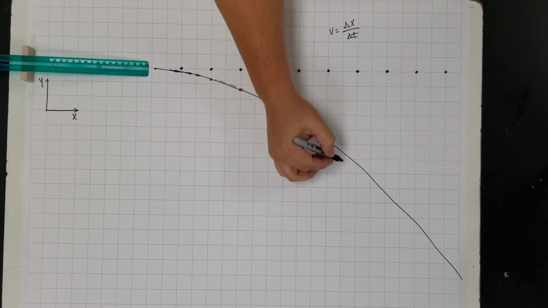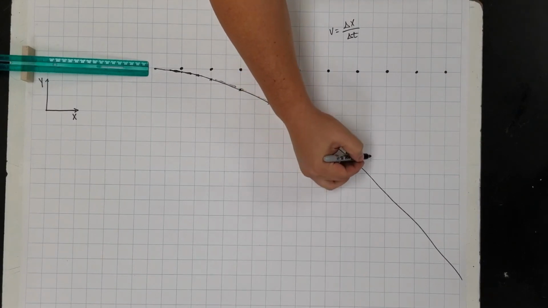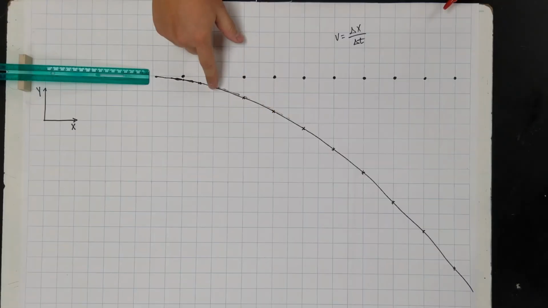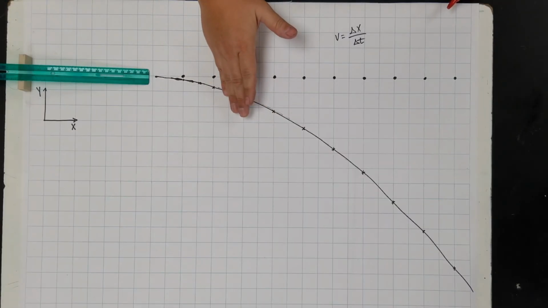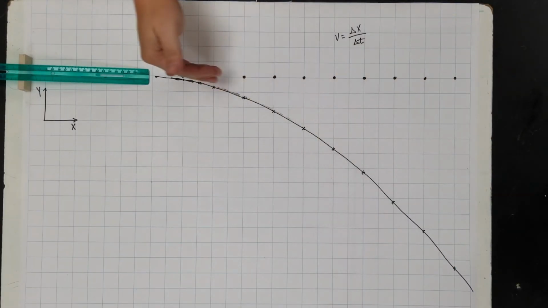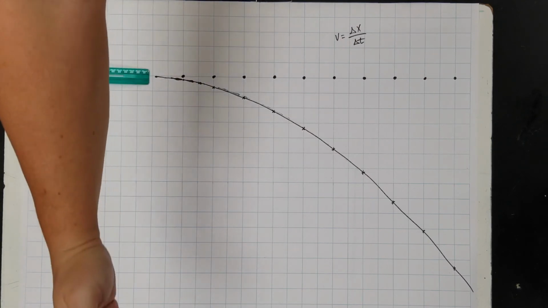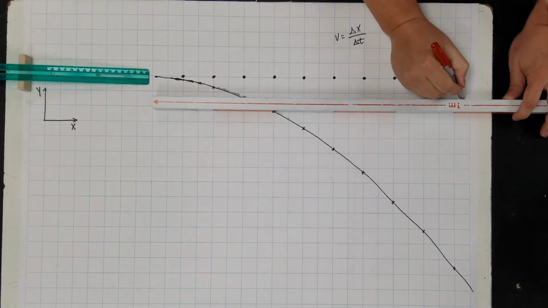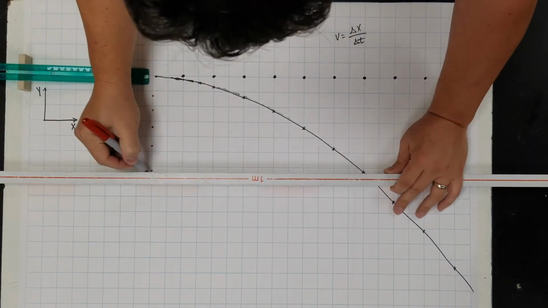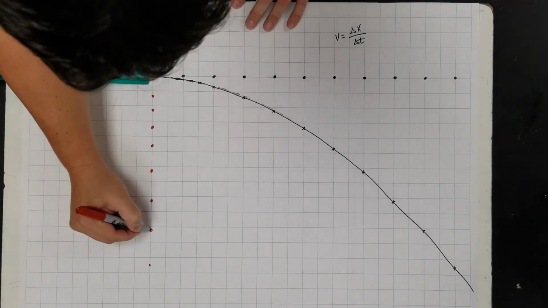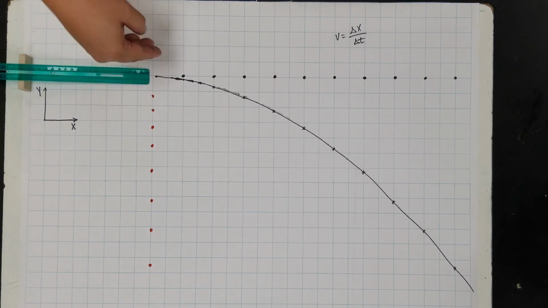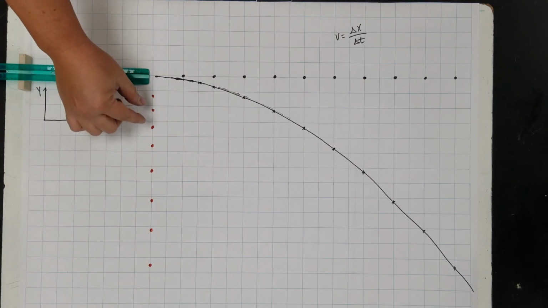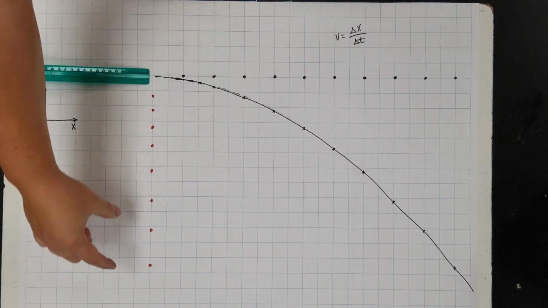If I keep doing this, the distance that the ball travels in the y direction is getting bigger. If I mark these points on the y-axis, I can see how this object is moving in the y-axis. You can see in the y dimension, these spacings are getting bigger and bigger as time goes on.